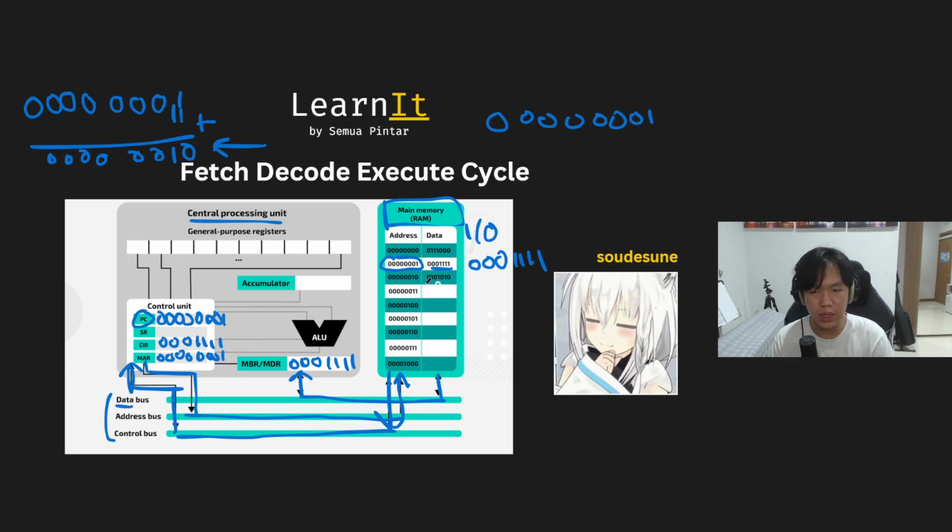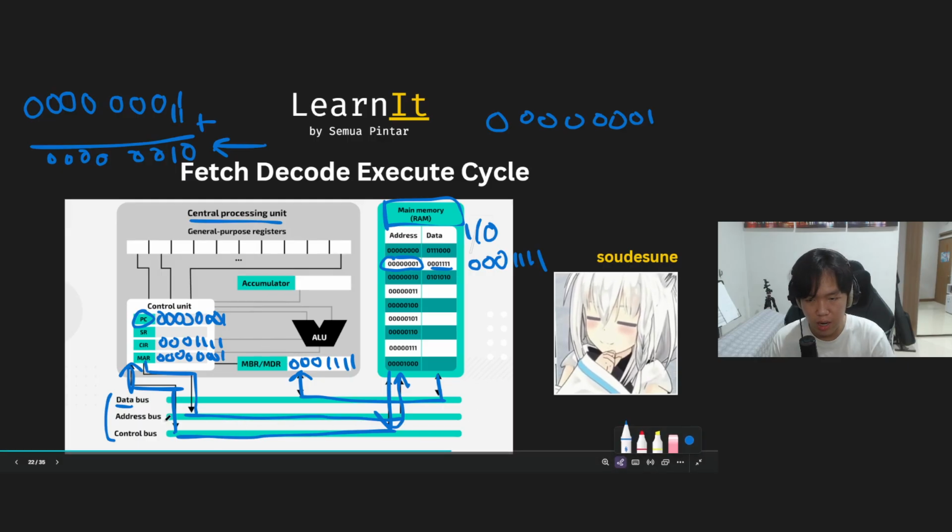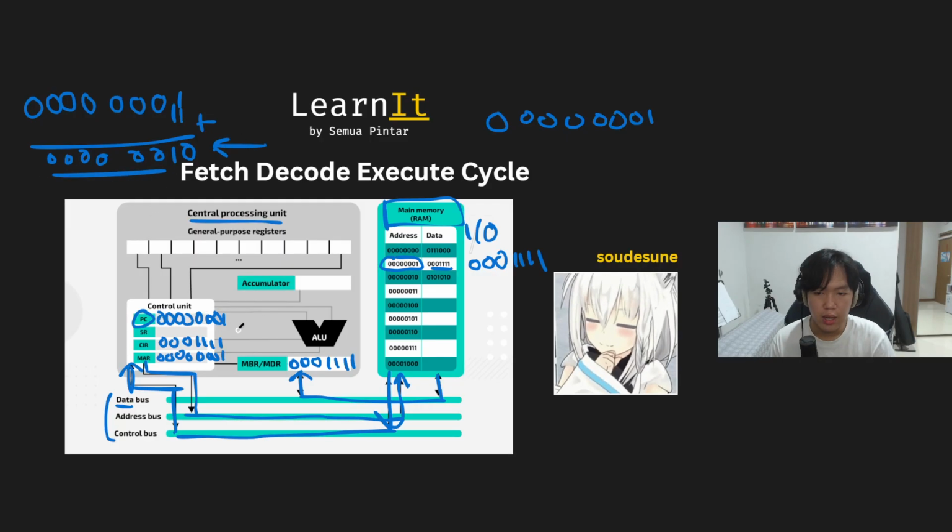So the process repeats automatically. It doesn't have to wait for the control bus to send another signal. The PC immediately gets the address for the MAR to copy for the next instruction. Essentially like that. Okay. Now, going back to the CIR sends this data to the ALU.